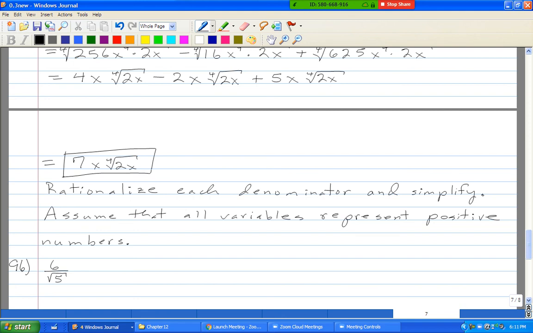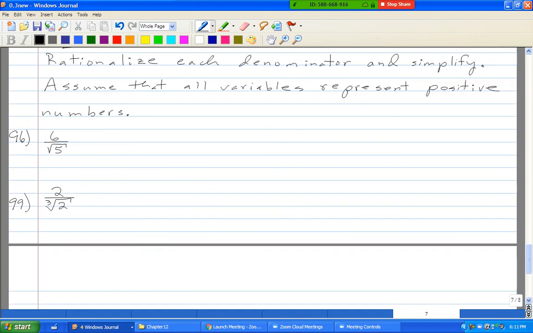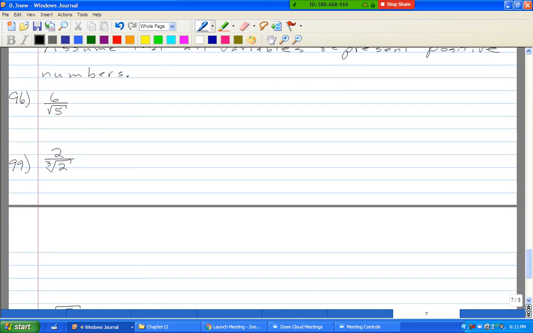Let me do problem number 96. Rationalize each denominator and simplify. Assume that all variables represent positive numbers. Okay, so let's do that. To rationalize the denominator, let me multiply and divide by rad 5.